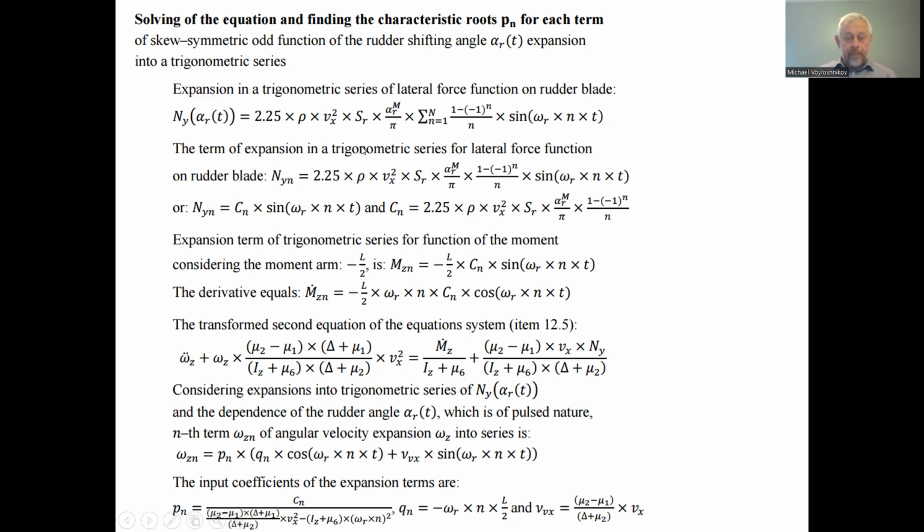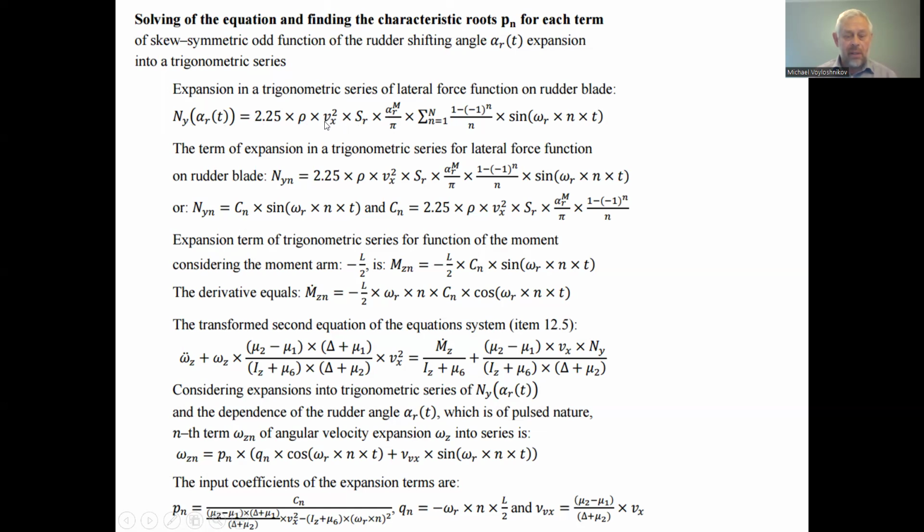So for the previous article, we got that the transverse force in dependence on the angle of the turning of rudder depends like 2.25 multiplied by the mass density of water. For the ocean water is 1.025 ton per cubic meter for salt water multiplied by Vx, the longitudinal velocity of ship.